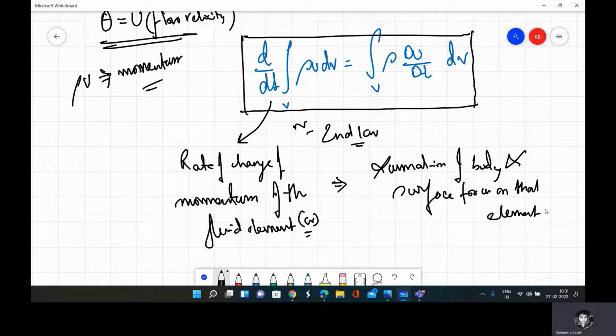Simply, mass into acceleration equals force, and that is equal to the rate of change of momentum. So the net force acting on the fluid element can be subdivided into volume force and surface force, that is body force and surface force. So what are those body and surface forces?